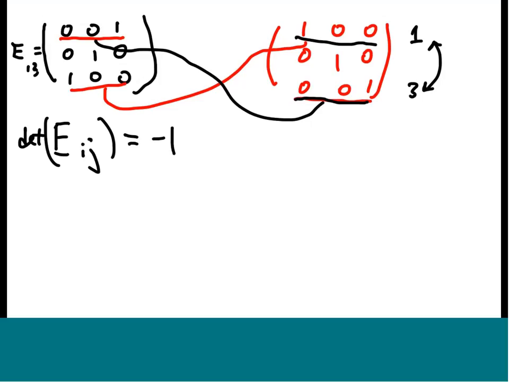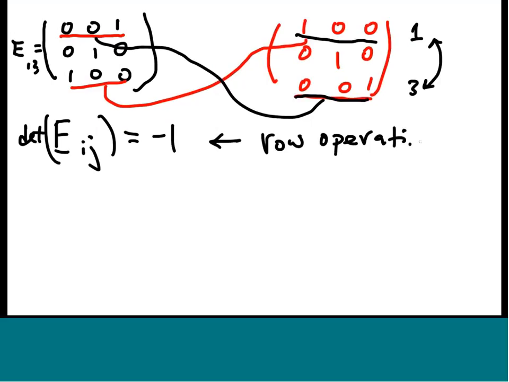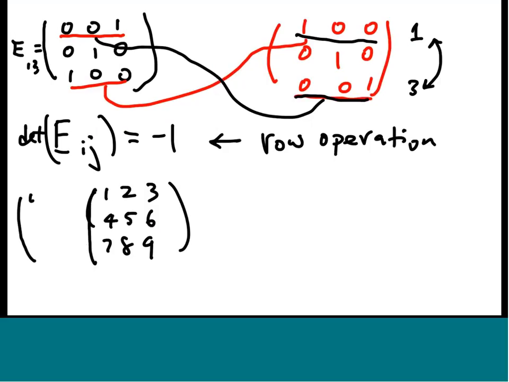E_ij is called a row operation when multiplied from the left. What that really means, let's see. We have 1, 2, 3, 4, 5, 6, 7, 8, 9. Let's multiply by 0, 0, 1; 0, 1, 0; 1, 0, 0 to see what happens.